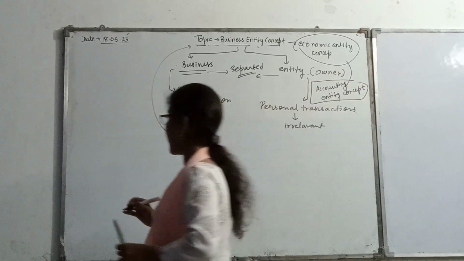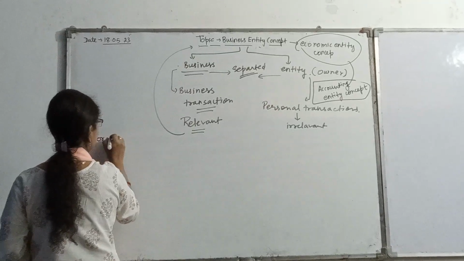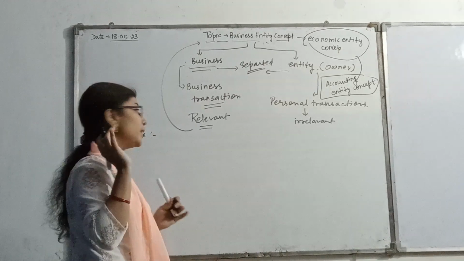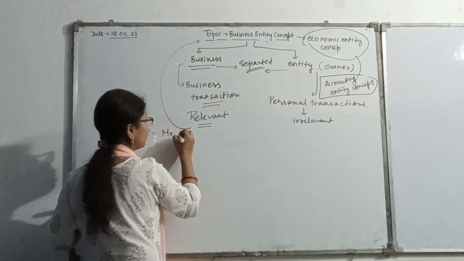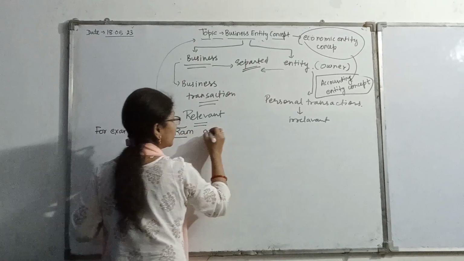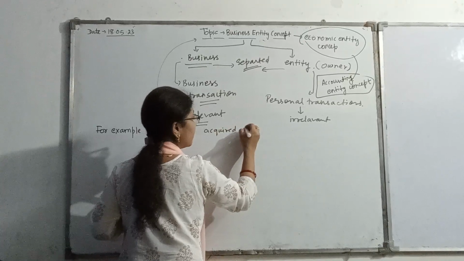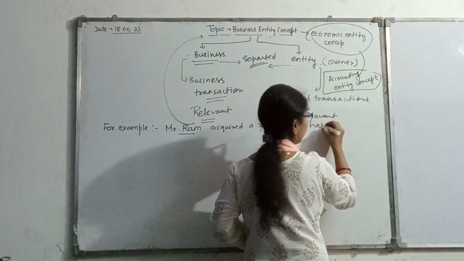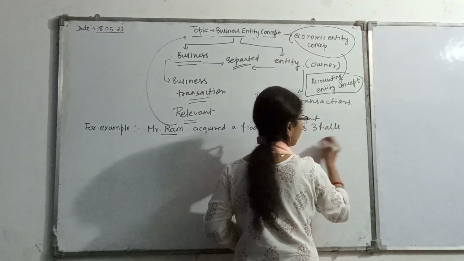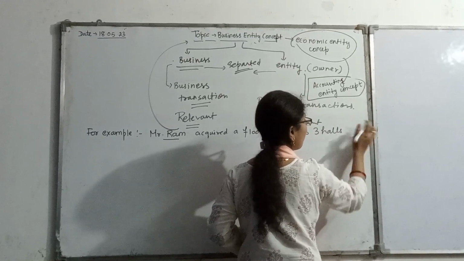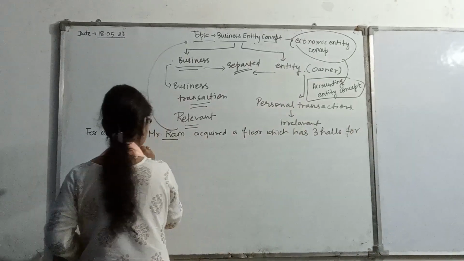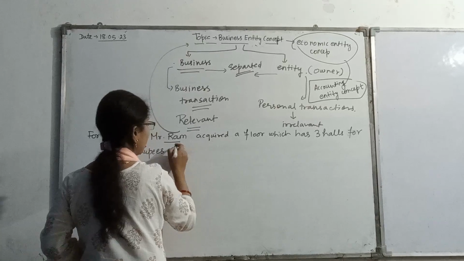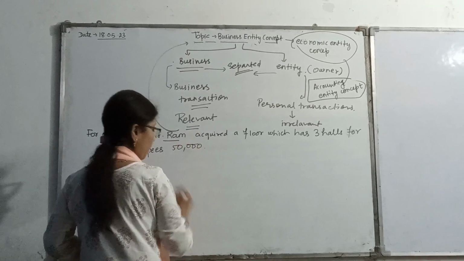Now, for your better understanding, we would like to discuss an example so that this concept is clear in your head. Mr. Ram acquired a floor which has 3 halls, for 50,000 rupees.